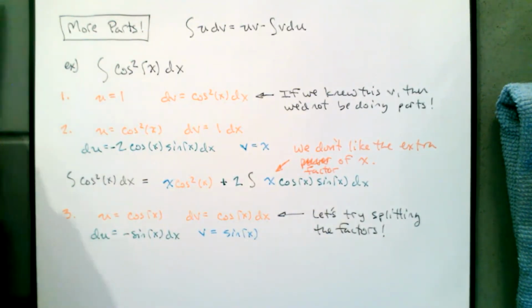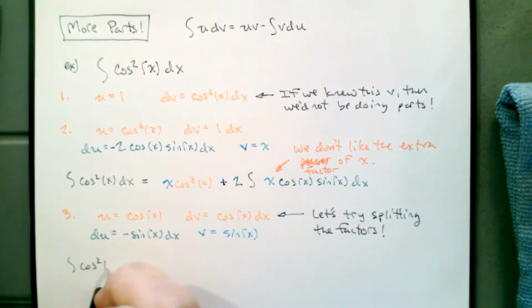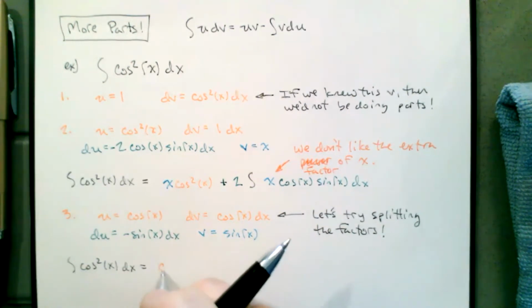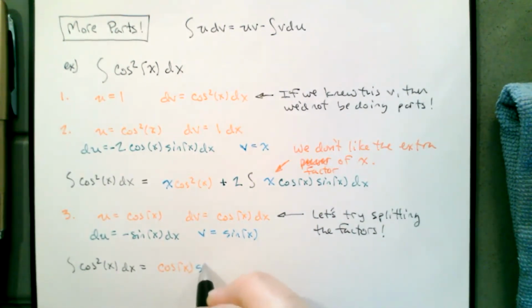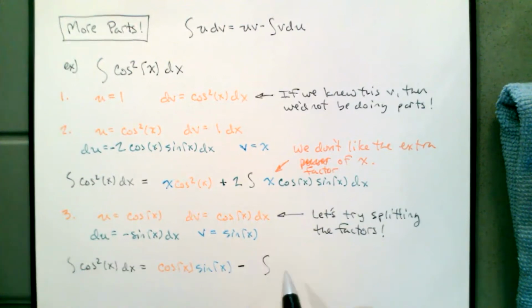So now I can put things into the parts formula. So the integral of cosine squared x dx is uv. So a cosine times a sine minus the integral of v times du.